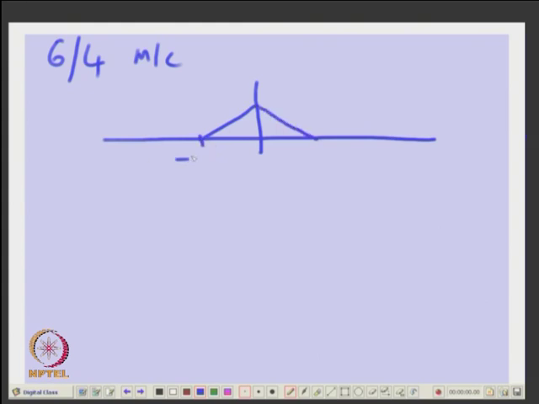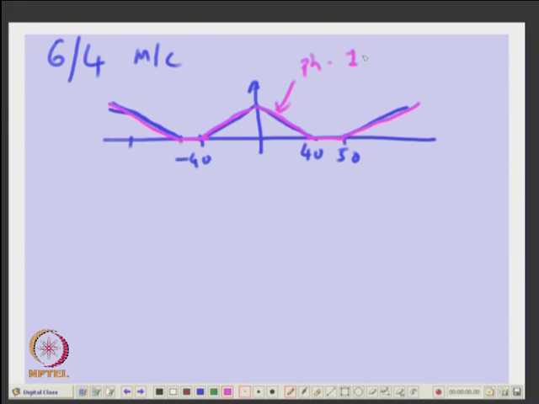I have say minus 40, plus 40, then 50 or like this. This is the typical variation. So we will say that typically this is the variation of inductance for one phase, phase 1.